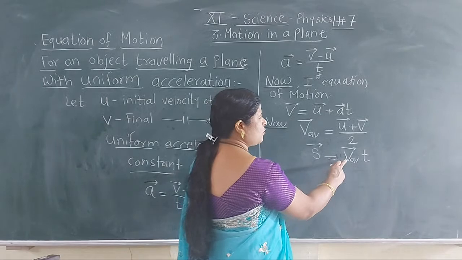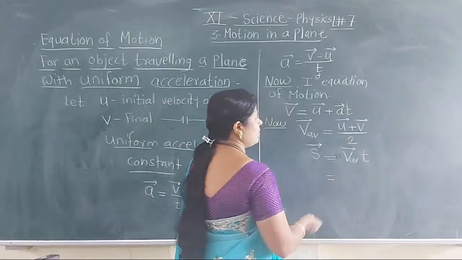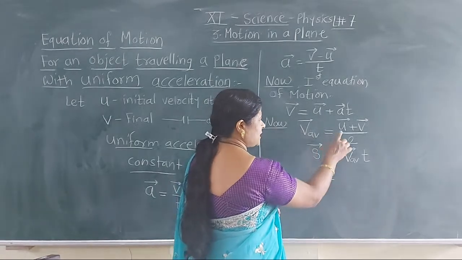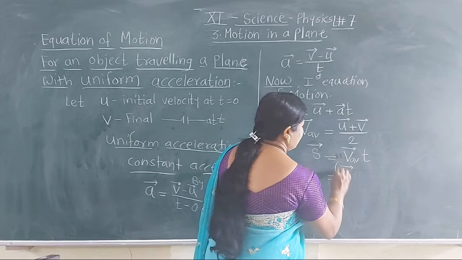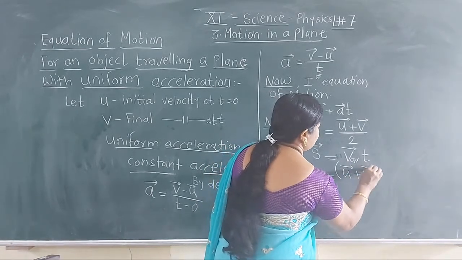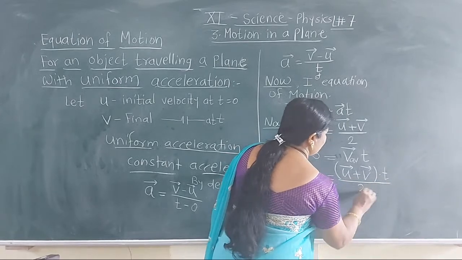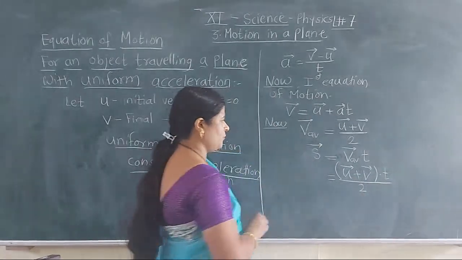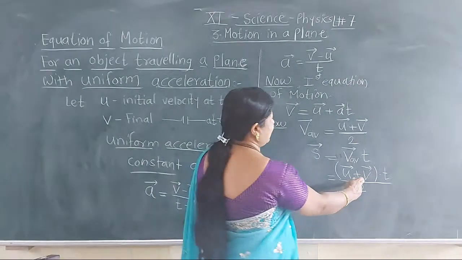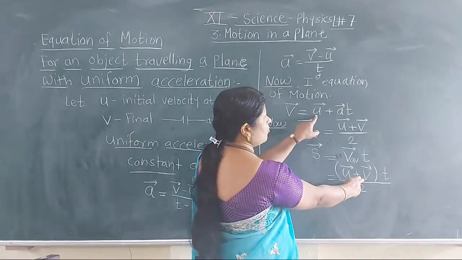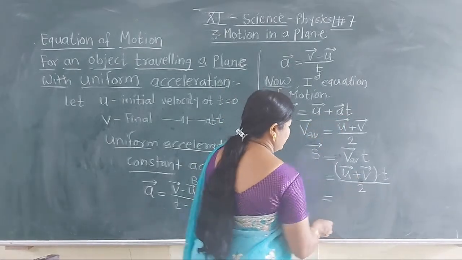Vector s is equal to vector u plus vector v into t divided by 2. We know the value of vector v: vector u plus vector a into t.